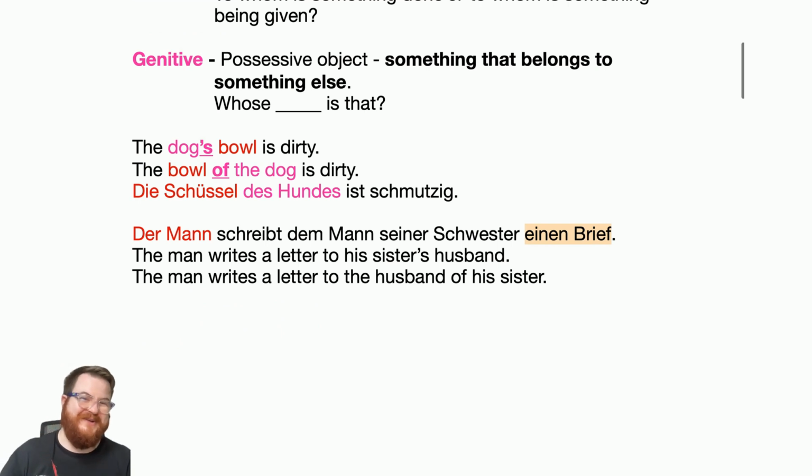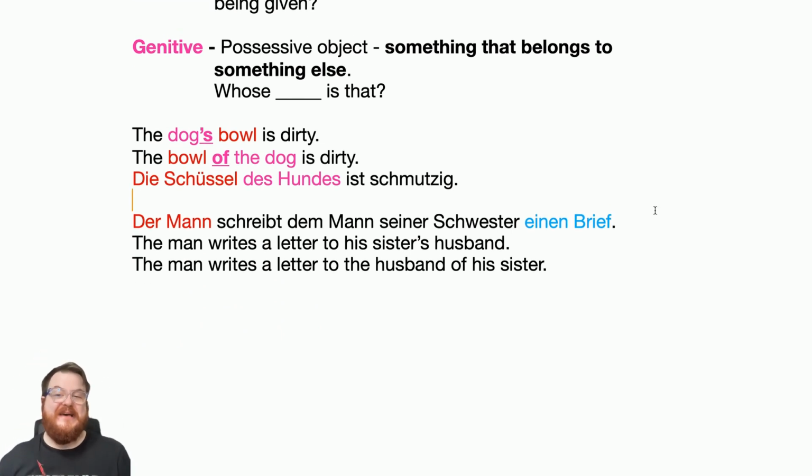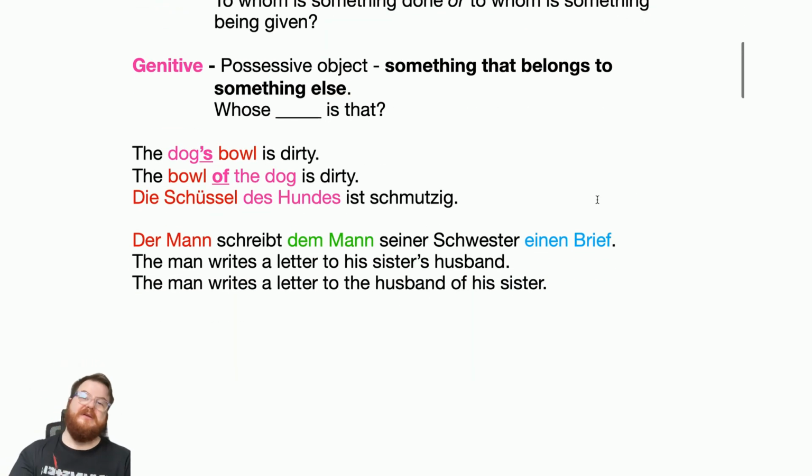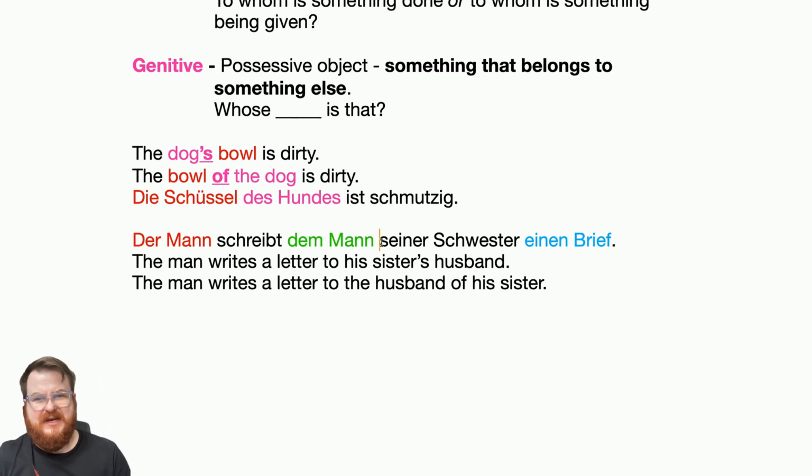Yeah, it's blue. The writing is being done onto a letter, okay? Now, what's the dative? Well, it's to the man. To whom is this letter being written? It's to the man. That's our dative, which, if I remember correctly, should be green. Yes, it is green. And what's this other noun here? My. This is genitive.